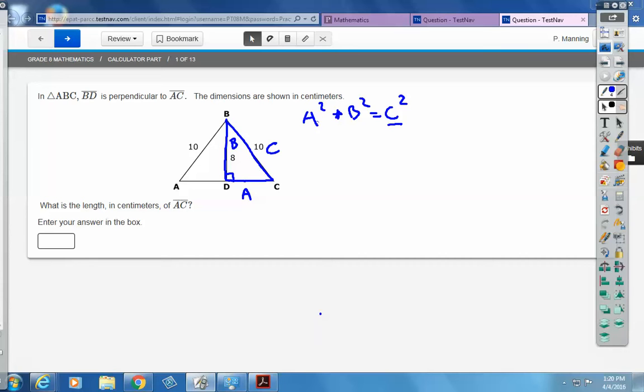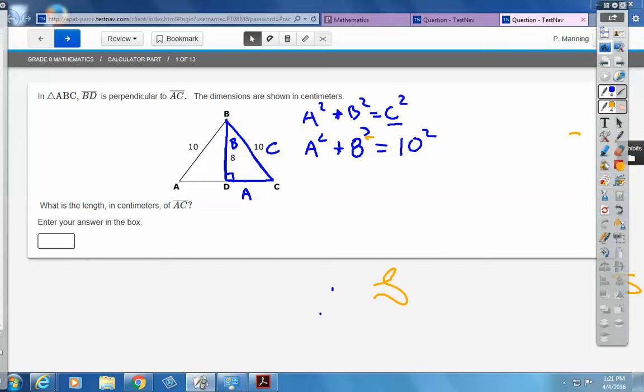So a squared is just going to remain a squared because I don't have a value for that, plus 8 squared is equal to 10 squared.